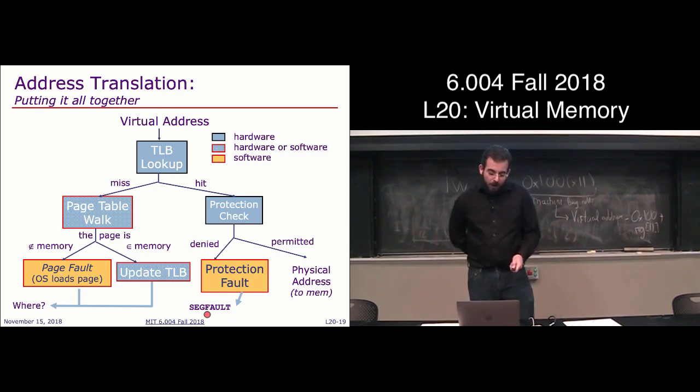Okay, so the other path is if you have a miss in the TLB, so your translation is not in the TLB. Now you need to do a page table walk, which we said can happen either in hardware or in software. We will do it in hardware. And then there are two options.